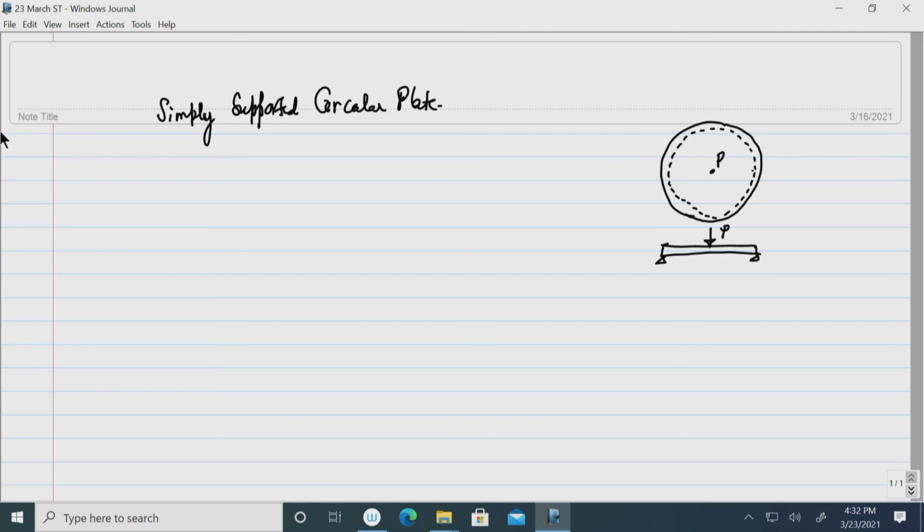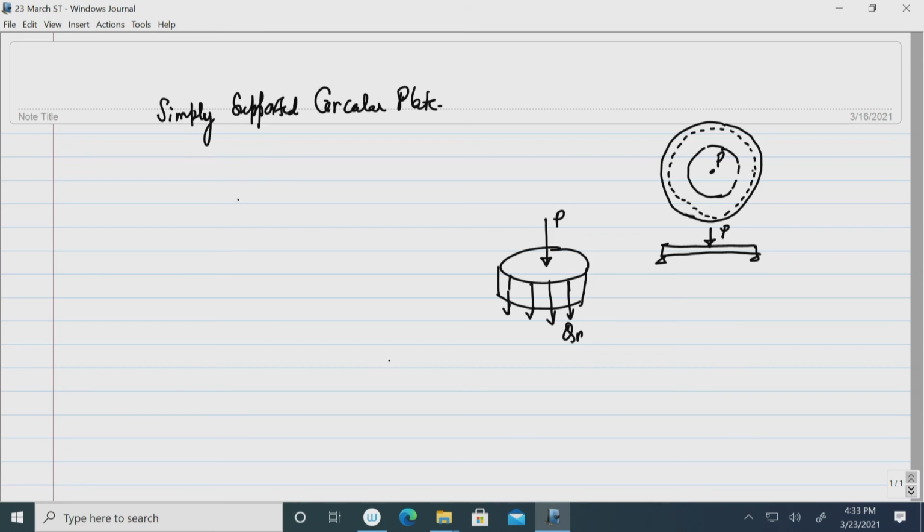Here we shall take a slice around the load and consider the equilibrium of the slice. Load P is acting here, and we have the shearing force acting around the slice of magnitude q_r per unit length.